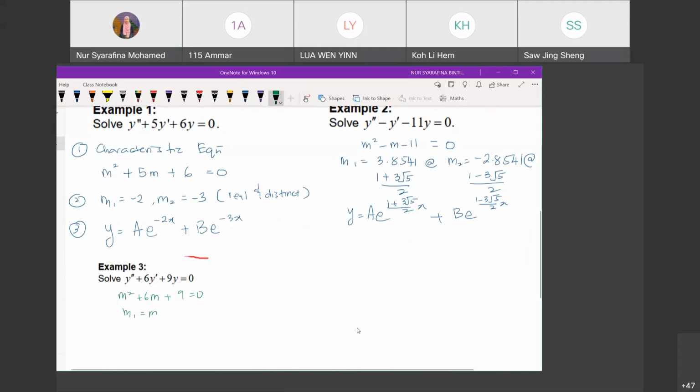Both m1 and m2 equal negative 3, so this is real and equal. Then your solution for this type is y equals e to the power of minus 3x times (a plus bx). Very easy, right?